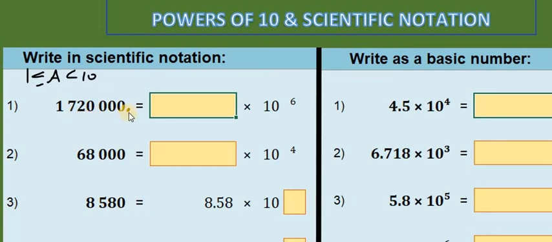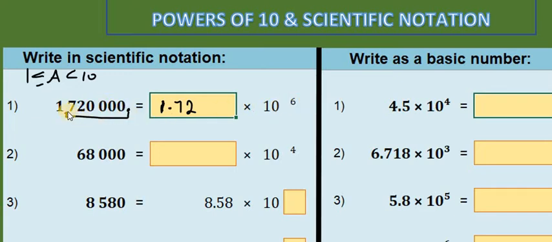Only after the 1 can we shift that point to get 1.72. Putting the zeros at the end here would not matter, because 1.72 and any zeros after will be the same as 1.72. But now, multiplying by 10 to the 6th power, would that be accurate?